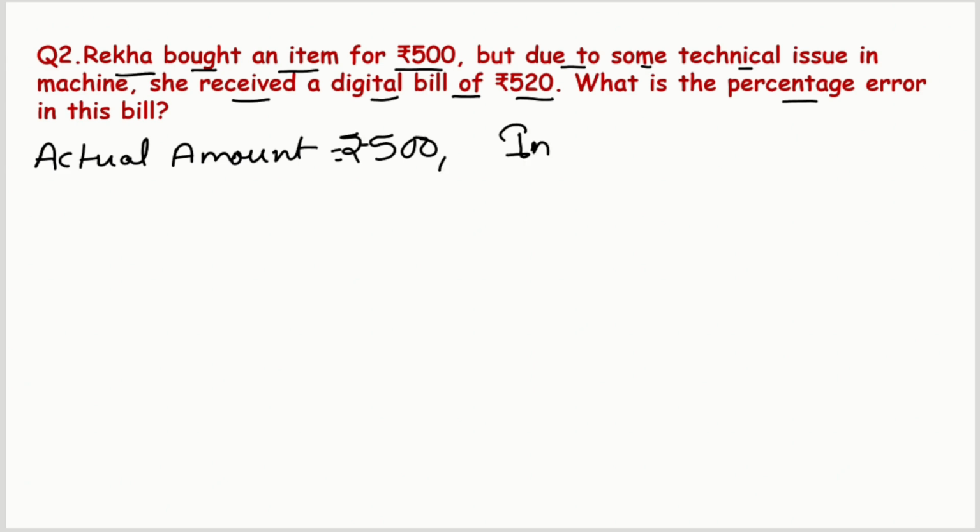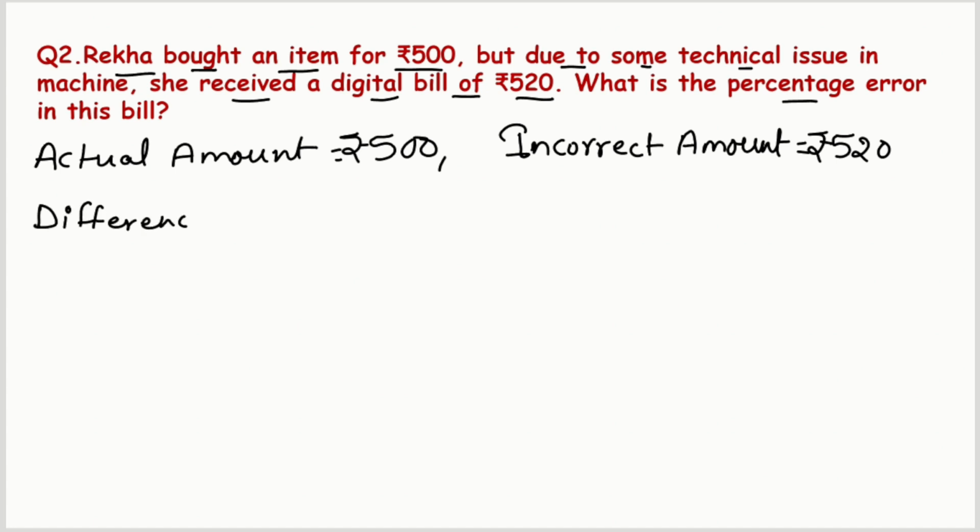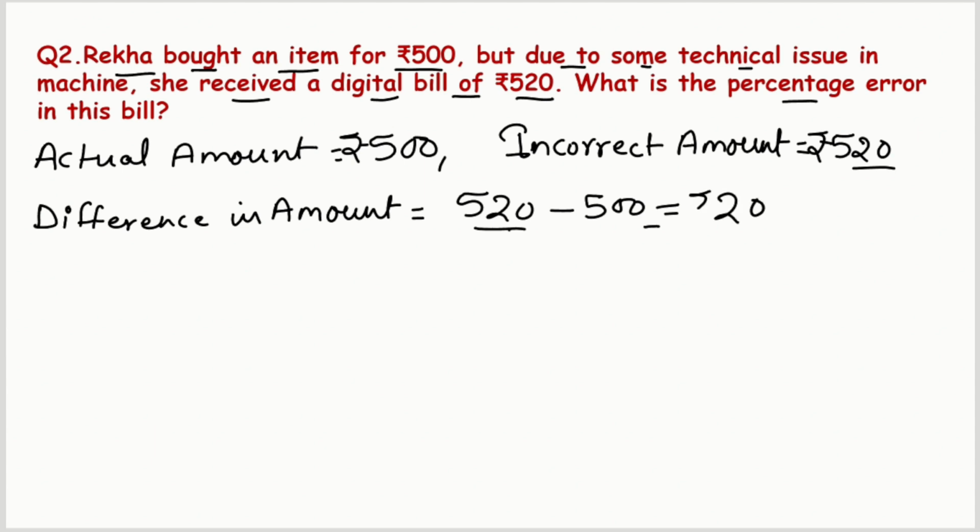The incorrect bill or amount is 520 rupees. So the difference in the amount is 520 minus 500. The number which is greater, we will take that first. Here 520 is greater, so we take that first. So 520 minus 500 gives us 20 rupees.